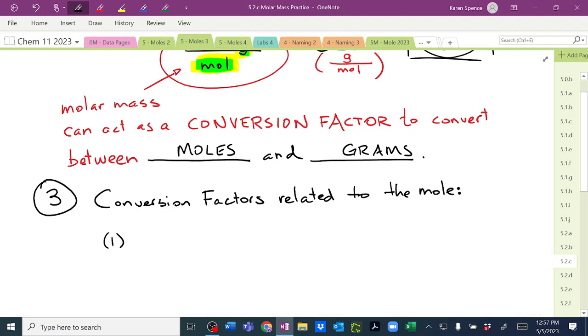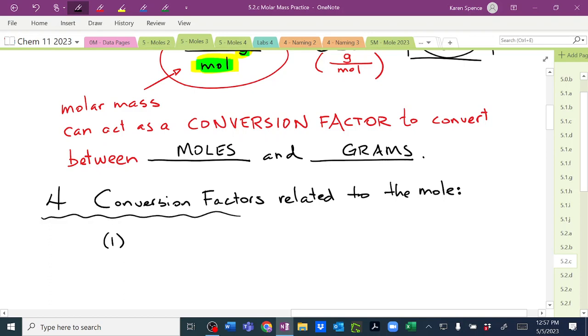In fact, actually, we know 4 conversion factors related to the mole. I'm sorry, because we learned one last day. 4 conversion factors related to the mole. Let's see how many we can get. See if you can tell your partner at least 2 or 3. See if you can get to 4.